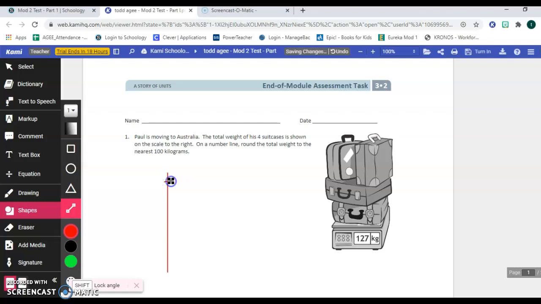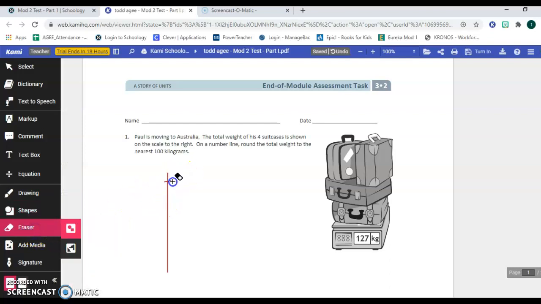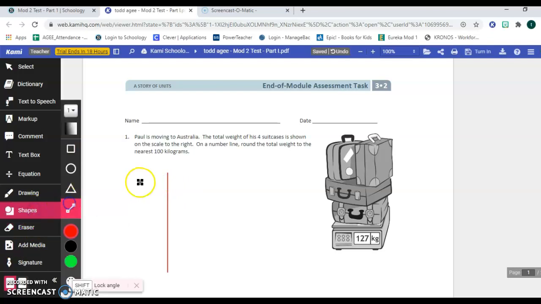Try to get this line straight. Oh my goodness, that is not straight at all. Okay, let's go back to this line tool here. Just go right over the top of that. There we go. I'm going to label the top 100 and the 100 below.